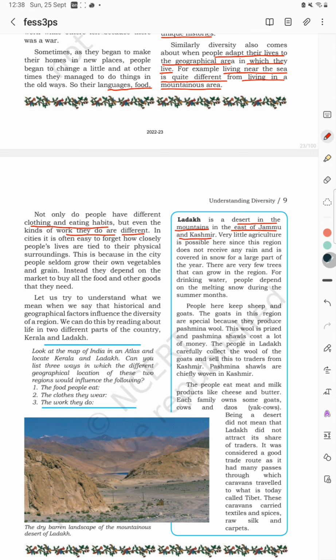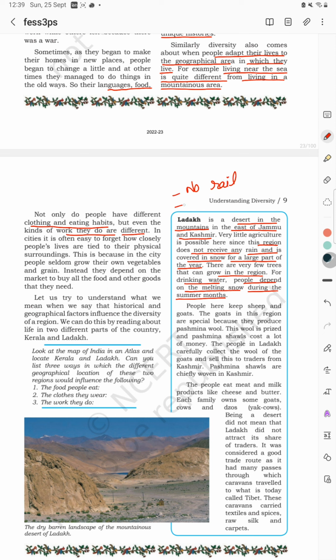Very little agriculture is possible because this region does not receive any rain and is covered in snow for a large part of the year. There are very few trees that can grow in the region. For drinking water, people depend on the melting snow during the summer months. So there is no rain.